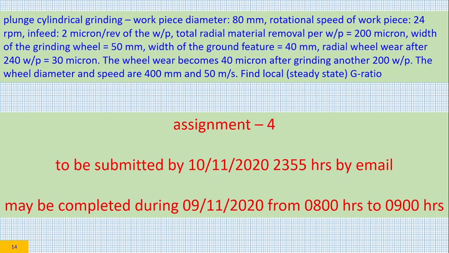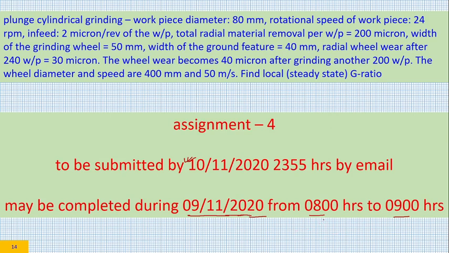I would like you to submit by 10/11, 12 midnight, or 11:55 p.m. You may do it on 9/11, which is Monday, from 8 hours to 9 hours. So instead of class, you will be doing this handwritten assignment and then submitting it.